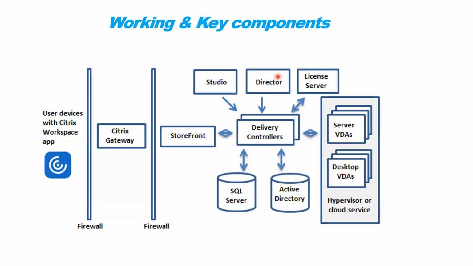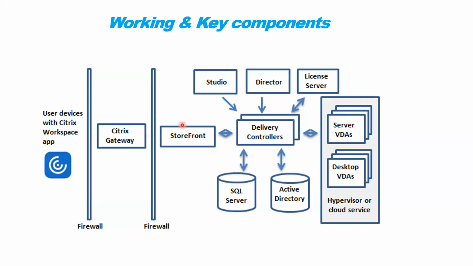On the left hand side, there are user devices, and the Citrix Workspace app is installed on the client machine. It could be a laptop, a ThinkPad, any end user device. Then the Citrix Gateway is the web-based URL, the point of entry where you enter your username and password credentials to log into the Citrix environment, the StoreFront or landing page.